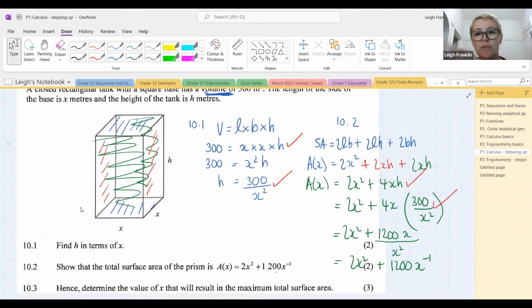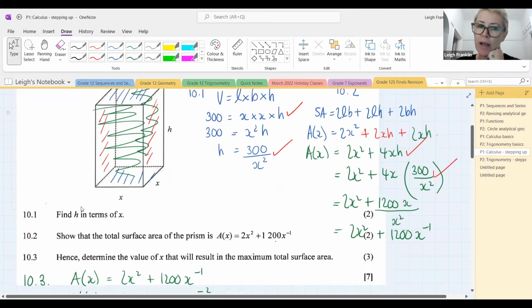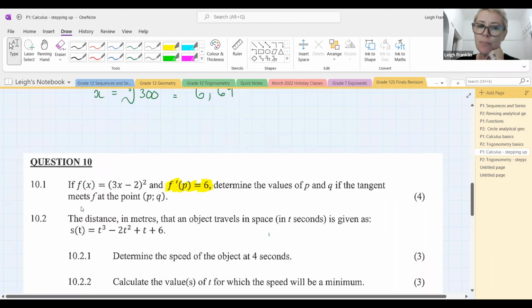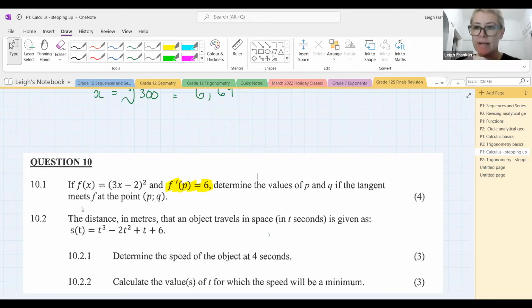But if you've got a tangent that touches your function at another place, not at the turning points, then your gradient is not going to be 0. Okay, so here f prime p equals 6 was their way of telling you that the gradient at the point of tangency is 6. Does that make sense, Tisha?